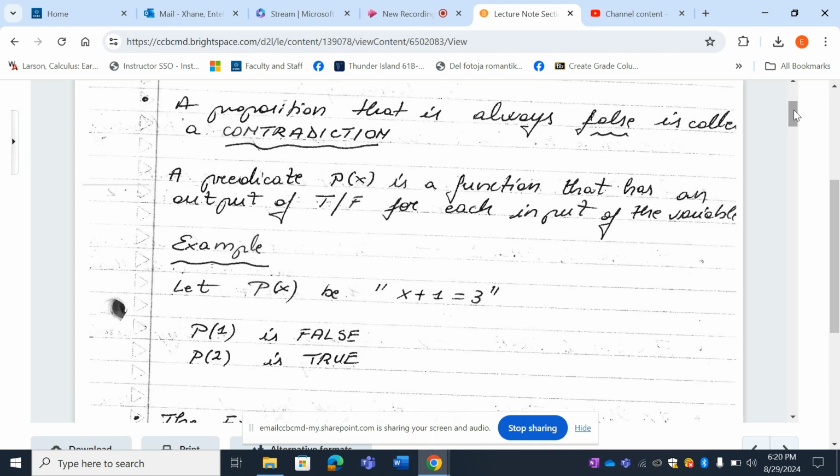predicate. So for a predicate, I'm going to use an uppercase letter P. P comes from the word predicate. The idea is to look at prepositions now and the operators in the form of a function.